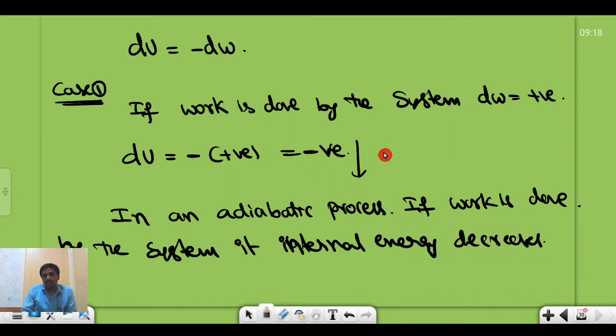Why decreasing? Because of the negative sign. dU is nothing but U final minus U initial. This value is negative, which means the final value is the lower value and the initial value is the higher value. So the internal energy at the final state is lesser than at the initial state. That's why it decreases.